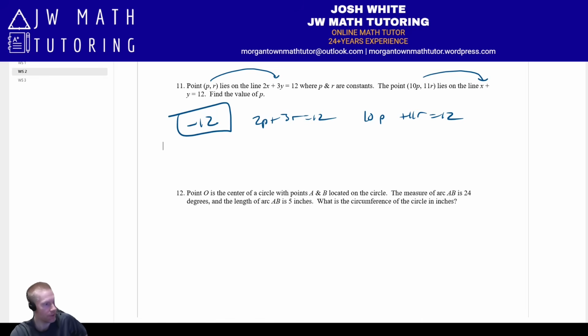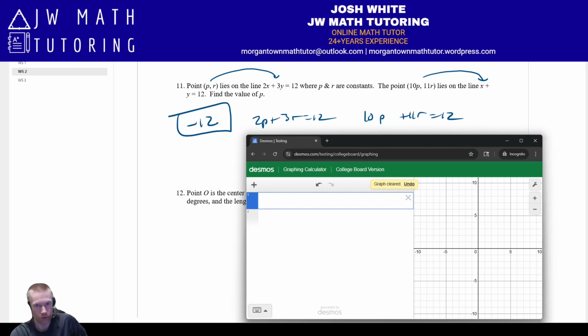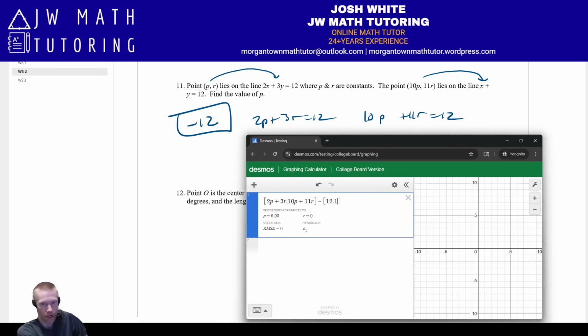If you wanted to keep it in terms of P and R, of course, you could solve the system of equations using regression, and then we would just type in 2P plus 3R, comma, 10P plus 11R, close that list, open a new list, 12, comma, 12. There's P, there's R. That point, -12, 12, is on that line, and the other point is on the other original line. So that's it.